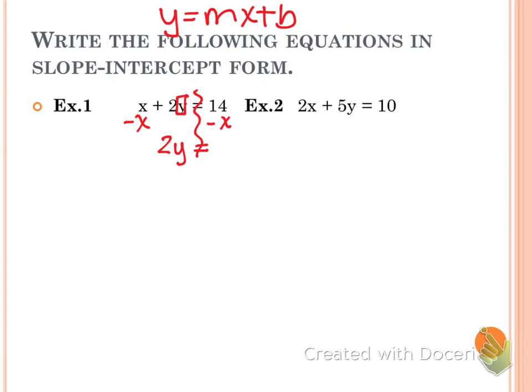Now is when we have to rewrite it because x has to come first. So we write it as negative x. Is that 14 positive or negative? Positive. So we write plus 14. Questions on the first step?